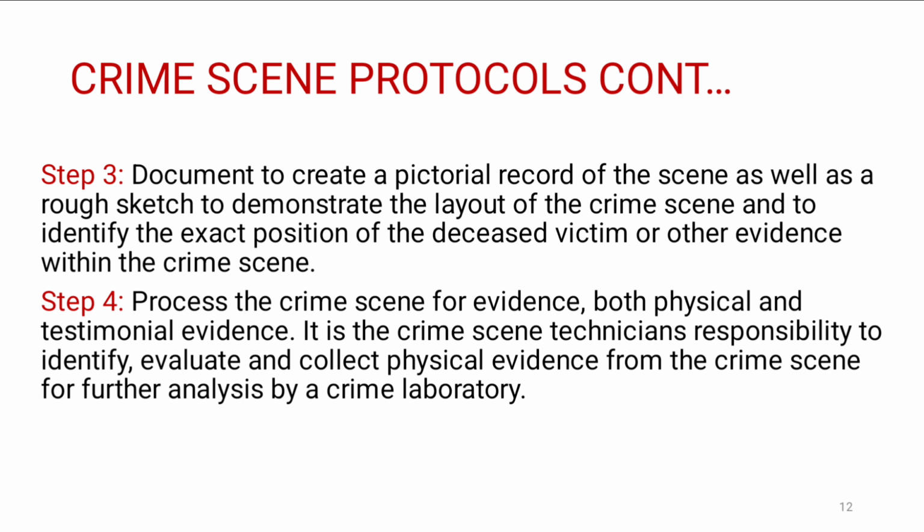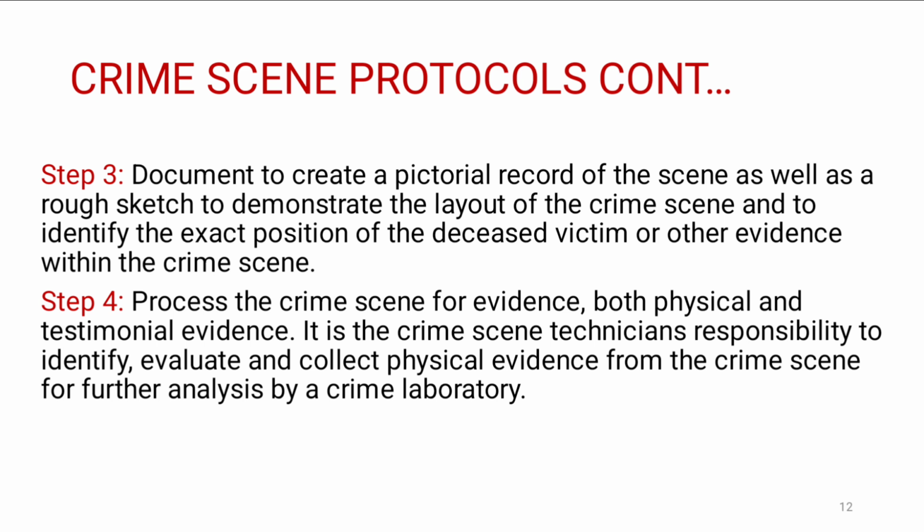The next step is to document and to create a pictorial record of the scene, as well as a rough sketch to demonstrate the layout of the crime scene and to identify the exact position of the deceased victim or other evidence within the crime scene. The fourth step is to process the crime scene for evidence, both physical and testimonial evidence, as we shall see in the types of evidence in crime scene investigation.